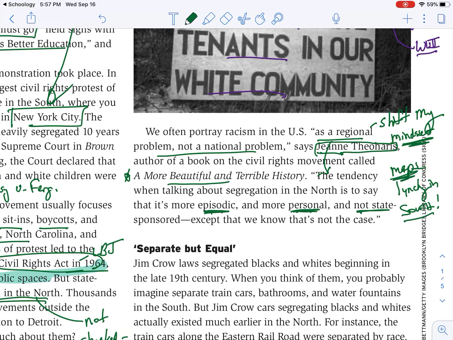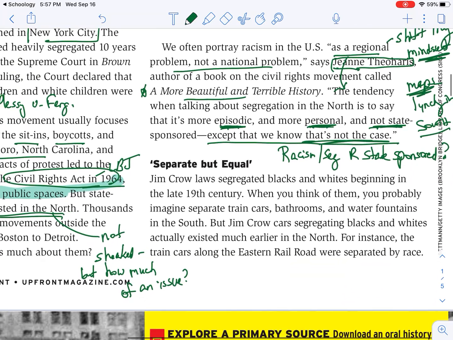That's one episode, according to her, and we don't see it as state-sponsored, except that we know that's not the case. So are you telling me racism and segregation are state-sponsored? Is that the thesis of this article? Because I don't know if I believe that. So as I read, I'm going to keep an open mind and look to see if they prove that.